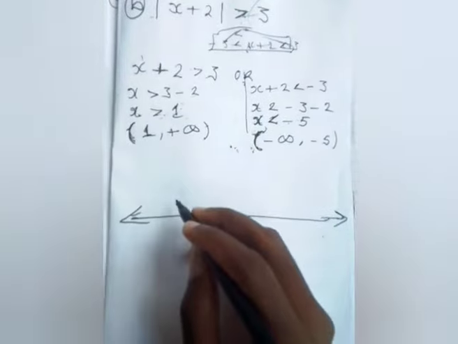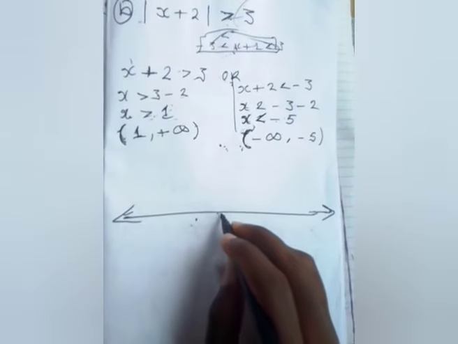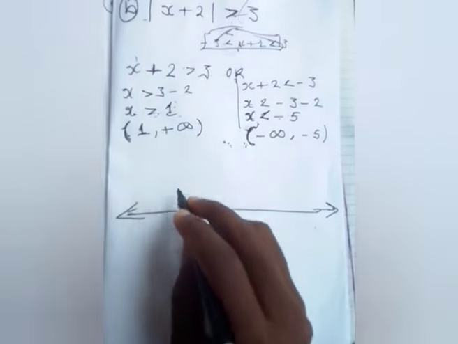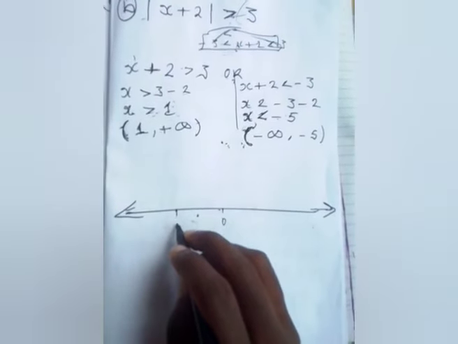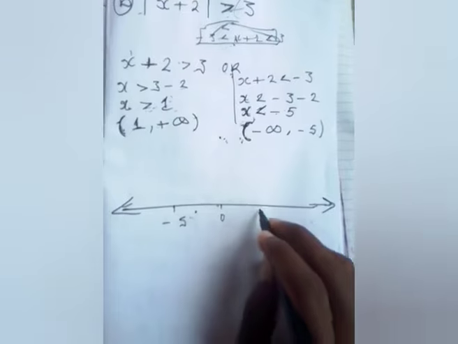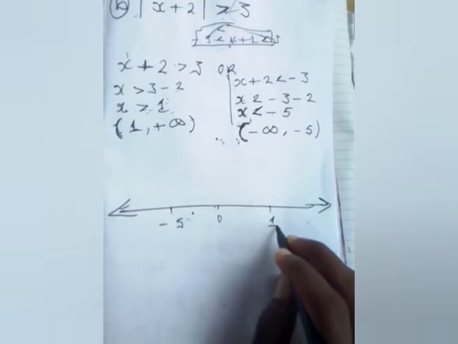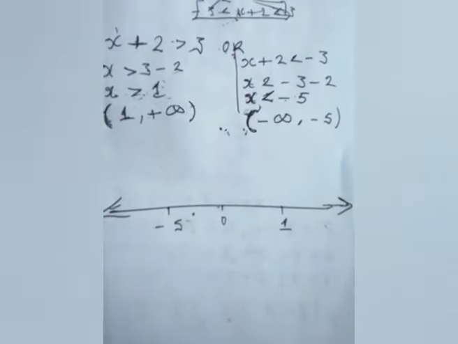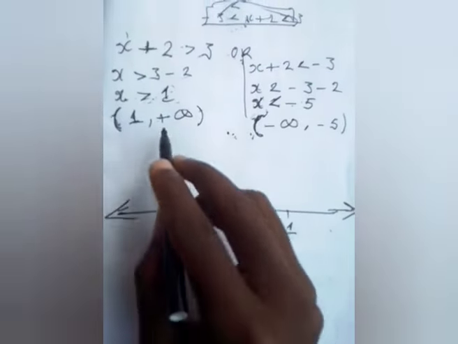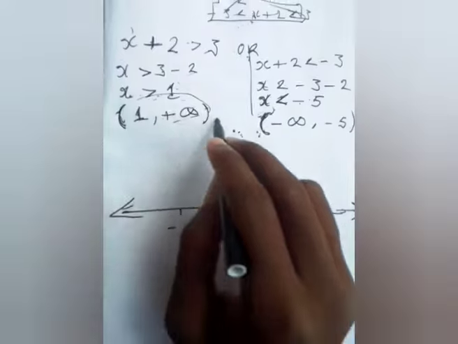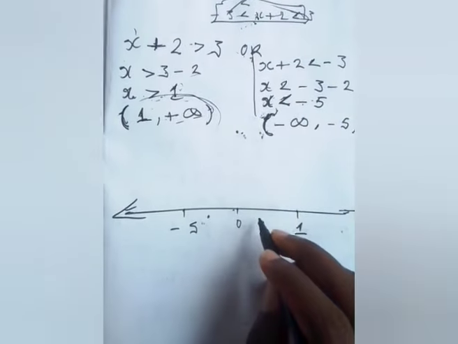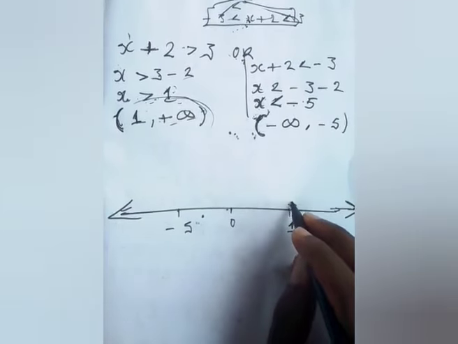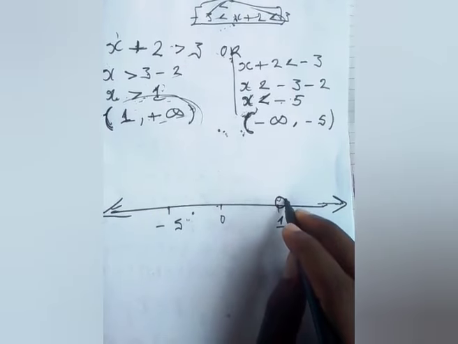Okay, so let me just put 0 here. So I'll put negative 5 here. I'll put 1 here. Then what do I do? First I'll try to plot this one here. For me to plot this, I need to show that I'm moving from 1 going to the positive infinity.